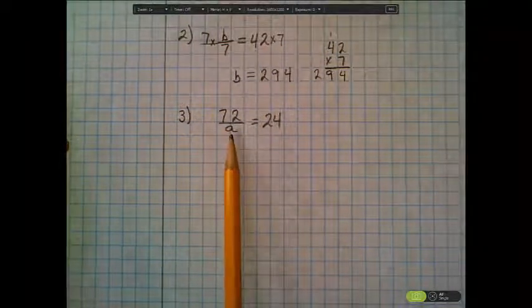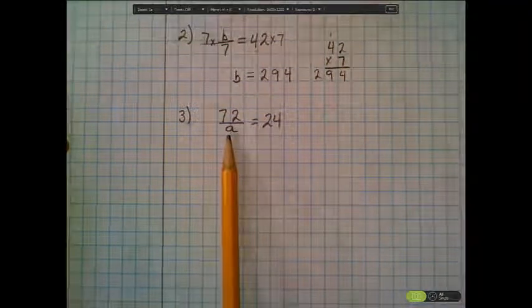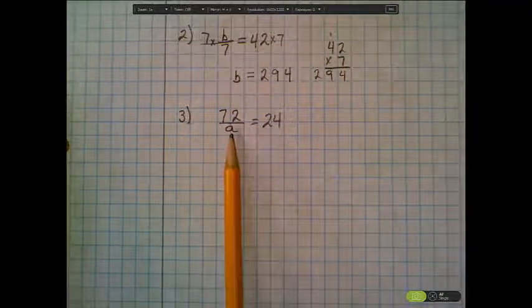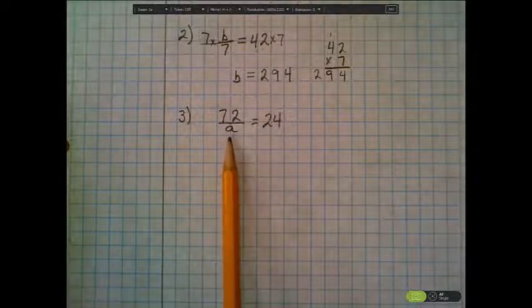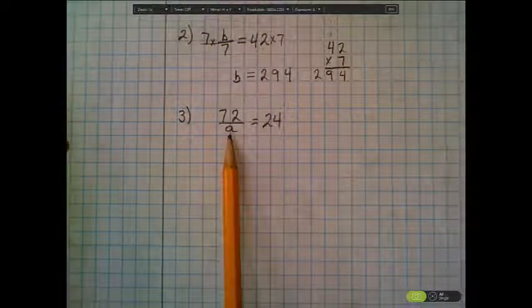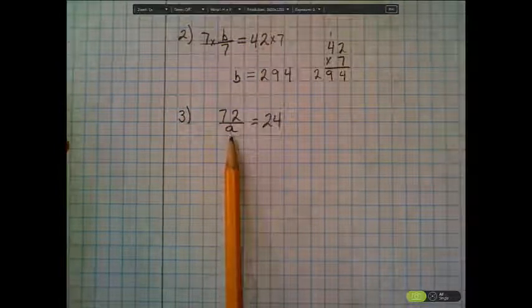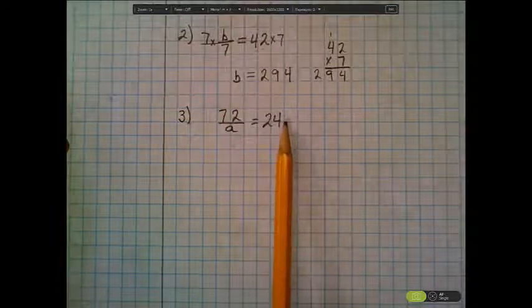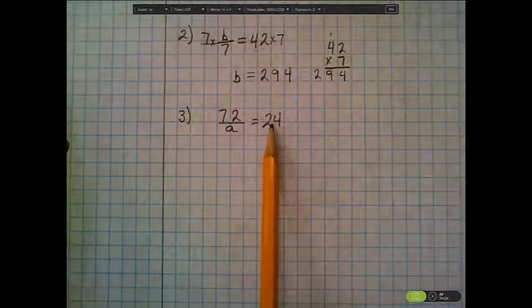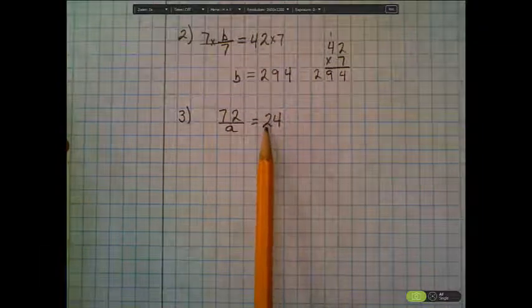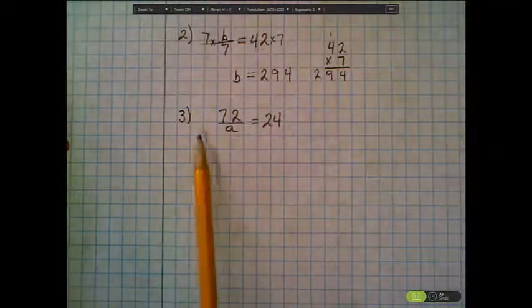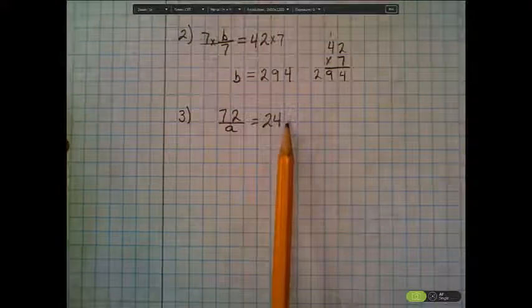We also notice that the variable is on the bottom. This is going to tell us that this is going to be a two-step problem. In order to remove this variable from the bottom, we're going to have to do one step, which will bring it to the top on this side. And then the second step is going to remove the 24 and isolate the variable by itself.